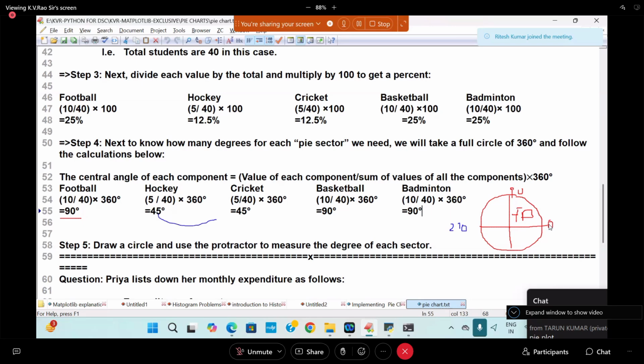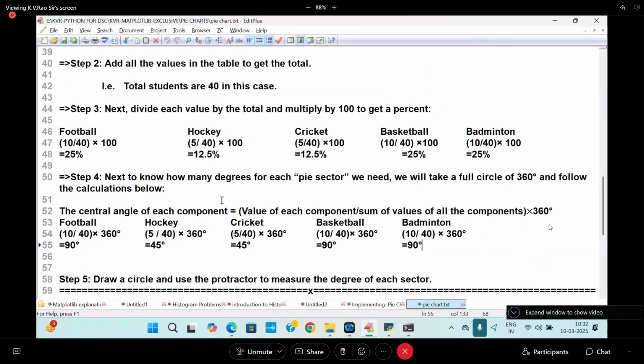Hockey and cricket together are 90 degrees, with half the portion hockey and half cricket. This is 180, this is 270. Next is basketball, and this is badminton. So this is the portion you will get. I think you are getting it.